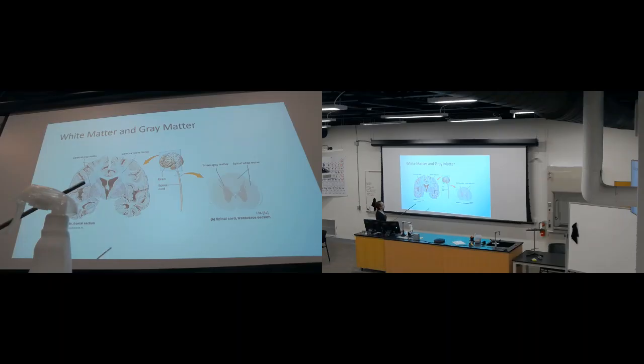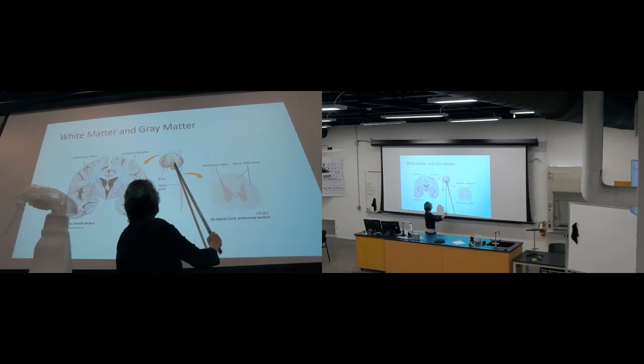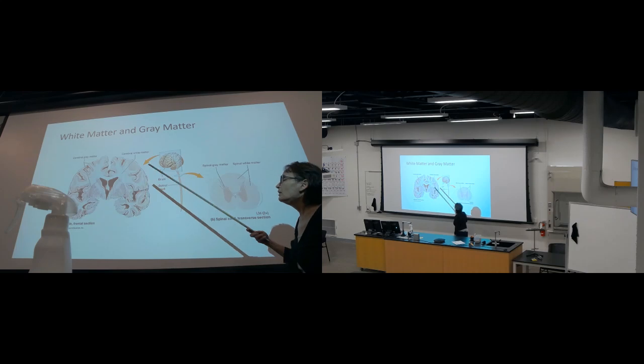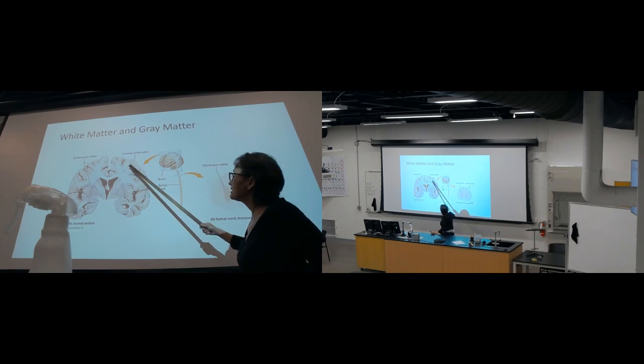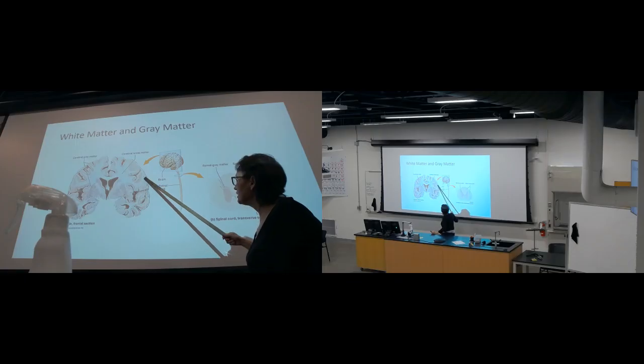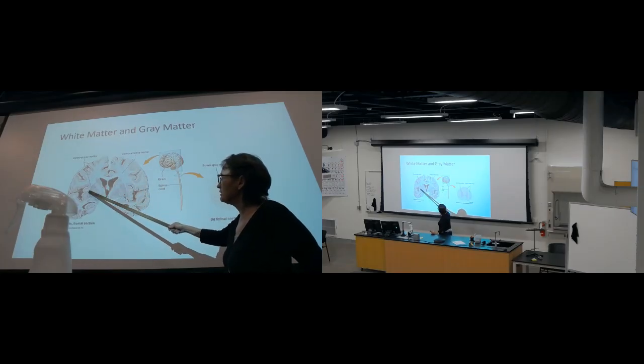So here we have a frontal or coronal section of the brain at this level. So you can see the layers. All of this part that you see here in dark color will be the gray matter. And internally, all this whitish portion will be the white matter.